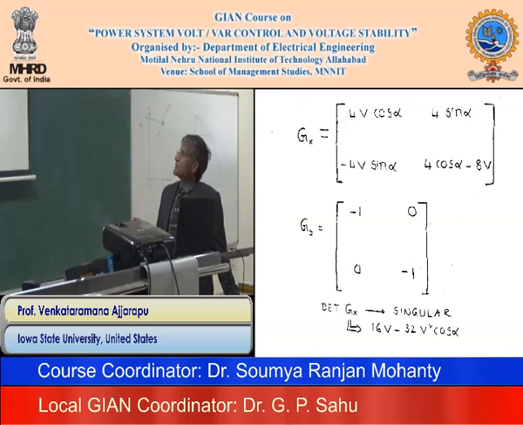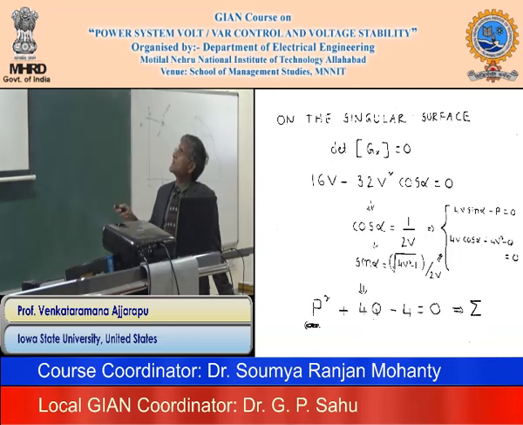We can calculate it directly. The determinant of Gx is singular, that means if we multiply these two, that is 16v minus 32v square cosine alpha, that is the determinant of the Jacobian, and I have to equate that to 0. Right? So on the singular surface, determinant of Gx equals 0, and I can eliminate cosine alpha from this, that is 1 by 2v, and from that I can calculate sin alpha in terms of v, and if I substitute that here, I can get the boundary surface.